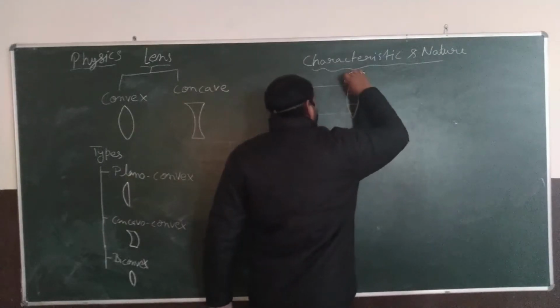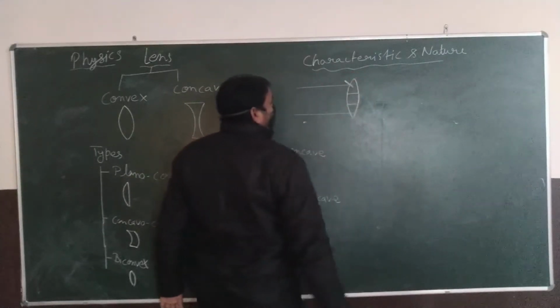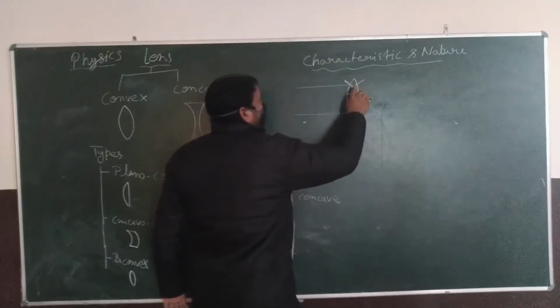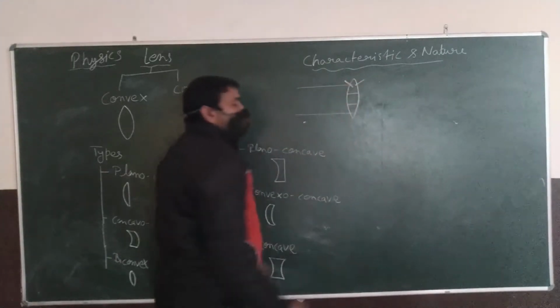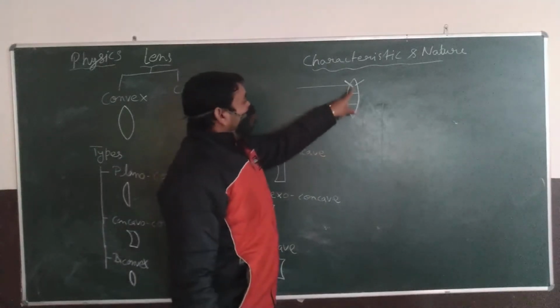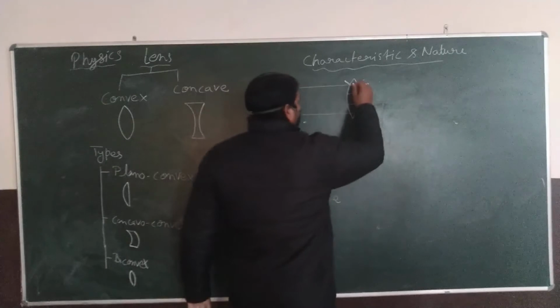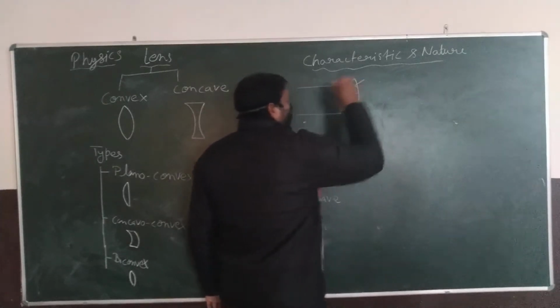See here, this is the normal, and this is another normal. The light should travel in a straight path, but the medium of the lens is denser compared to the air, so it will bend towards the normal.